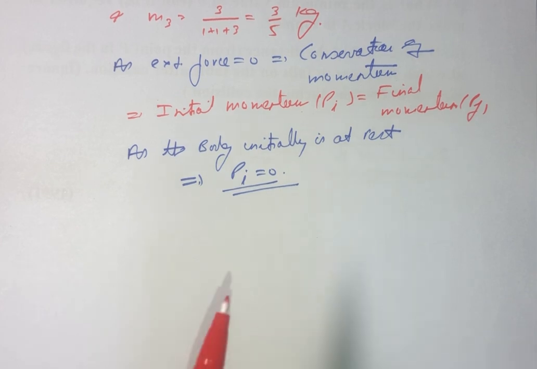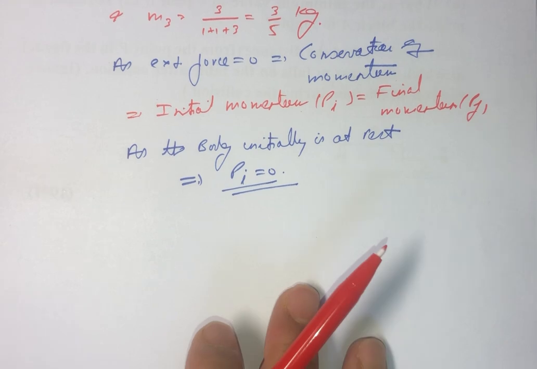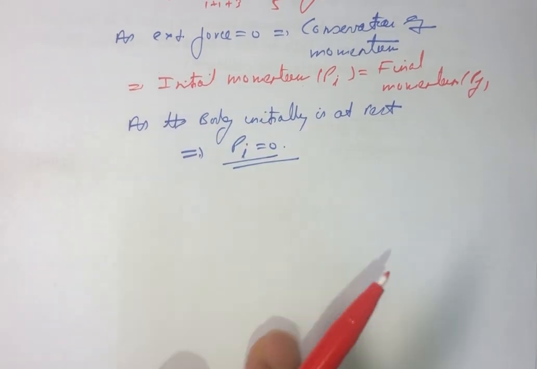So let us find out the individual momentum of m1, m2 and m3, and then we can use the equation pi is equal to 0.